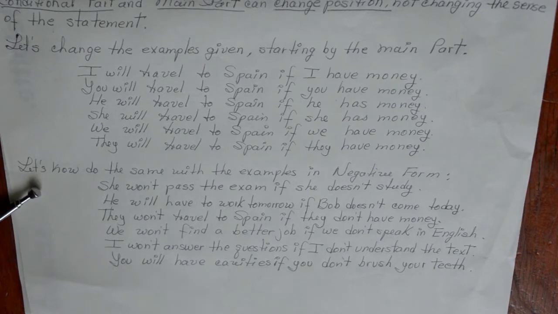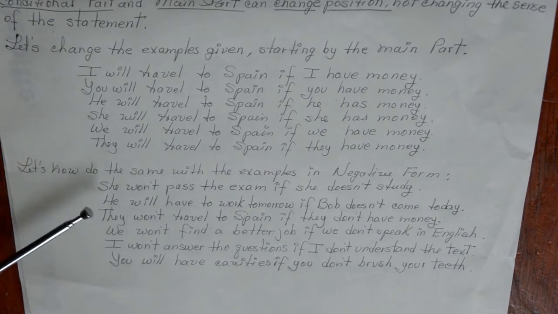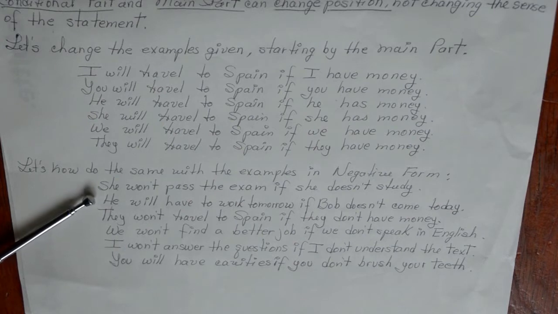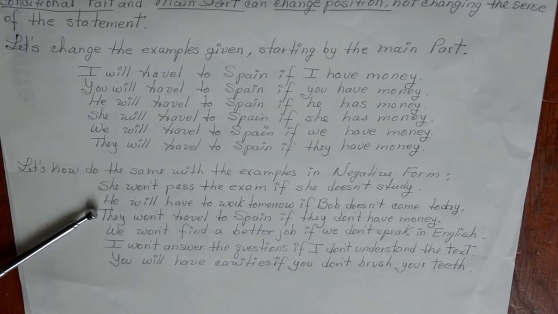Now, let's do the same with the examples in negative form, starting by the main part. She won't pass the exam if she doesn't study. He will have to work tomorrow if Bob doesn't come today.